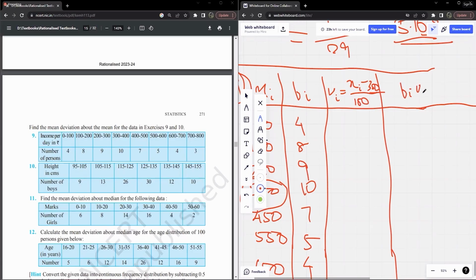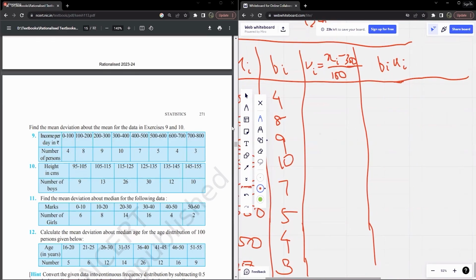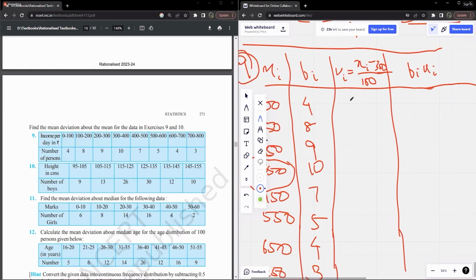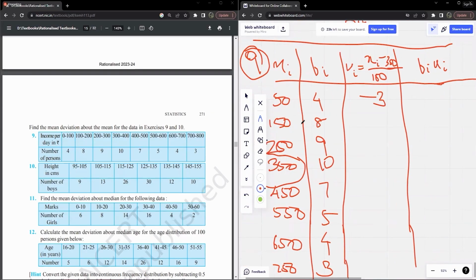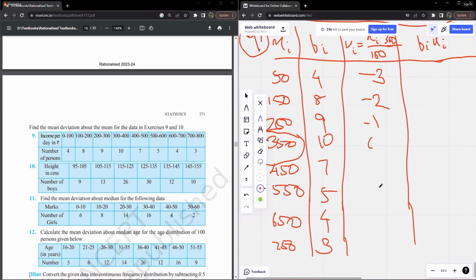So I'll then have a fi ui over here, and I won't populate the last column because I'll come to that when I'm ready. So we have ui's being this, and ui's are going to basically be 50 minus 350, that is going to be minus 3. Then this is going to be minus 2. It's going to be minus 1. This is going to be 0, 1, 2, 3, and 4.